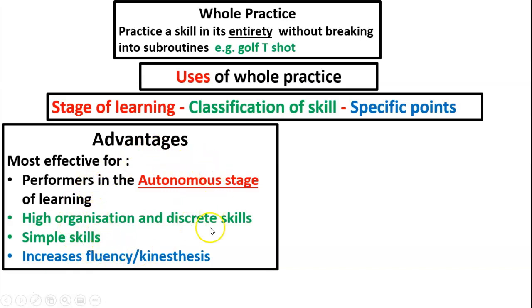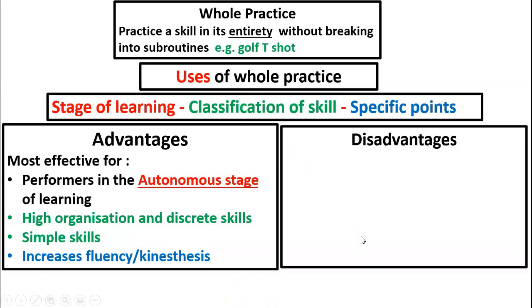Now, if we go through these as our advantages or our effective use of whole practice, it's really important that we consider a disadvantage too. If you are trying to do a whole skill, all of it together, without breaking it down into subroutines, although all these advantages are there, it can sometimes be extremely difficult to take all the information in.